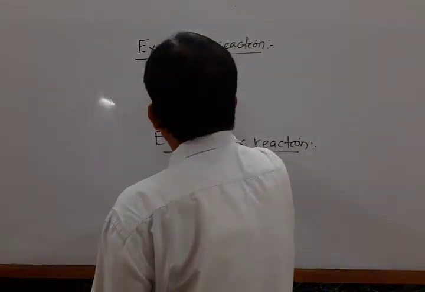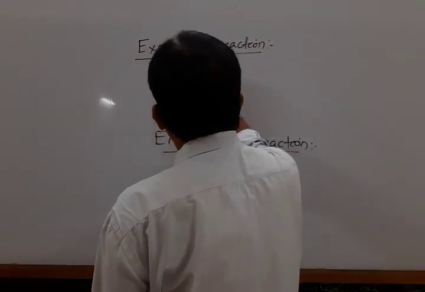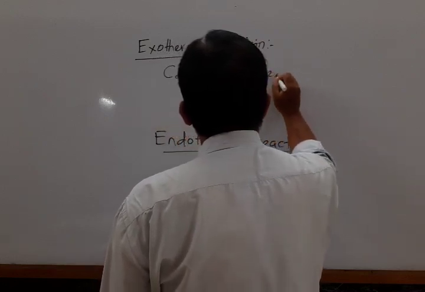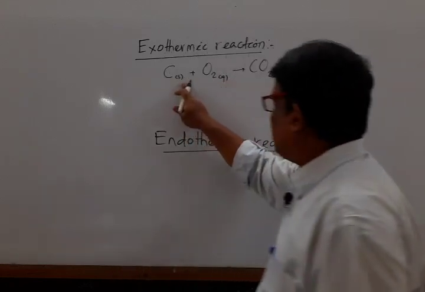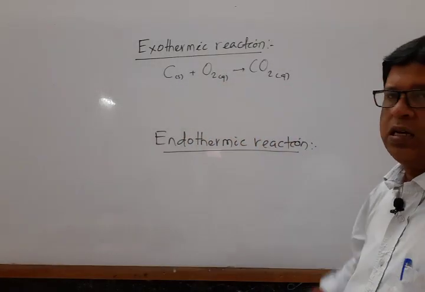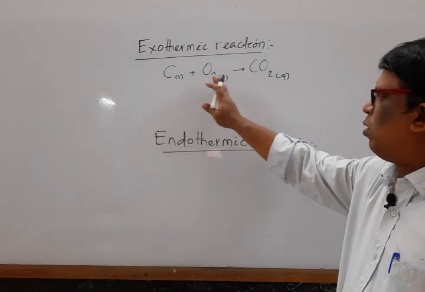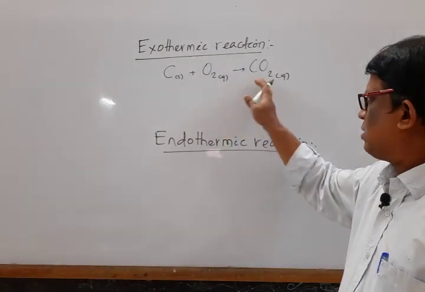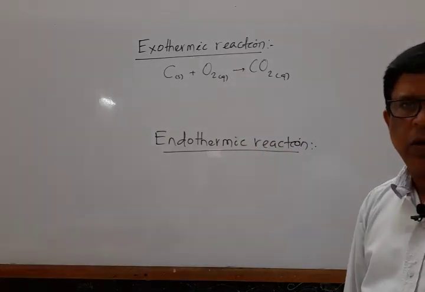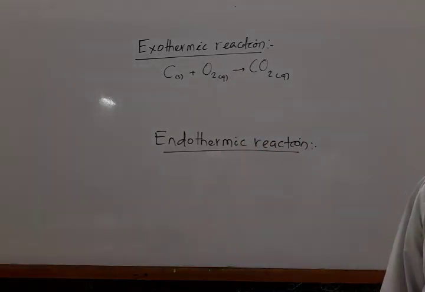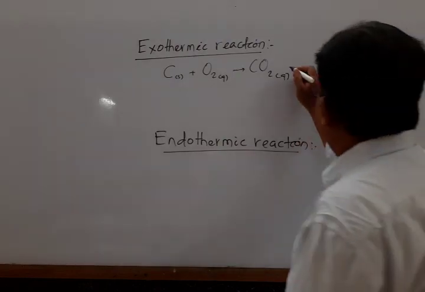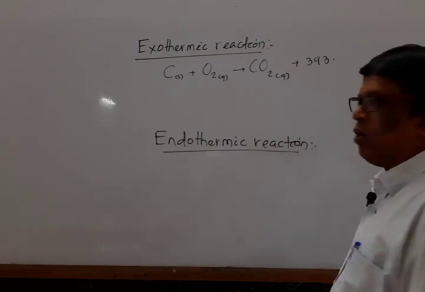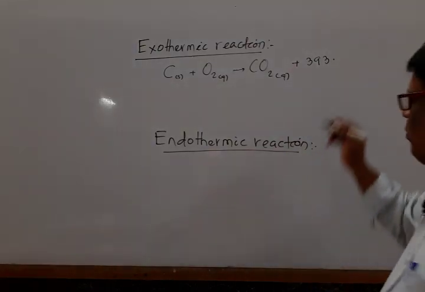For example, C plus O2 gives rise to CO2. S stands for solid, G stands for gas. When 1 mole of carbon undergoes combustion or complete oxidation, it gives rise to 1 mole of carbon dioxide. So during this reaction, the amount of heat evolved is equal to 393.5 kilojoule.